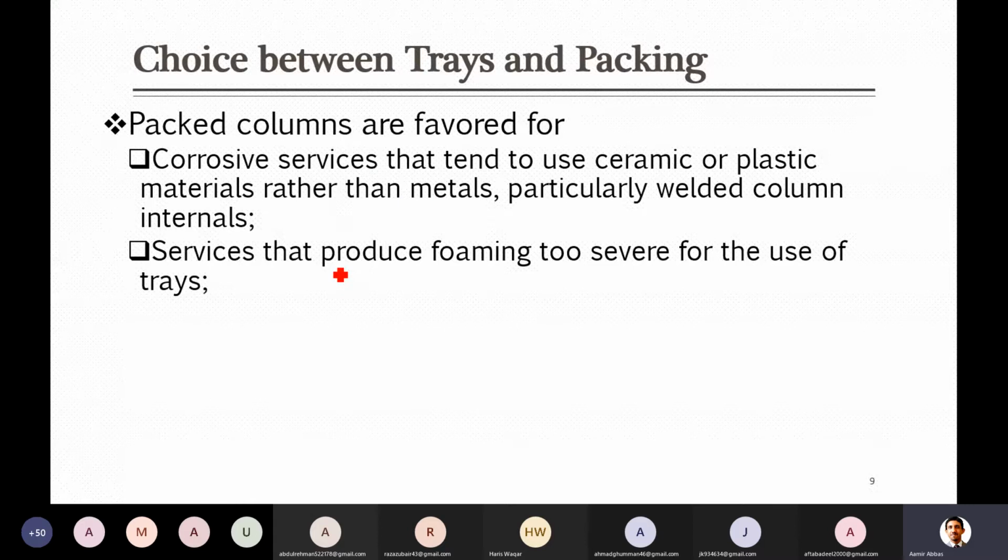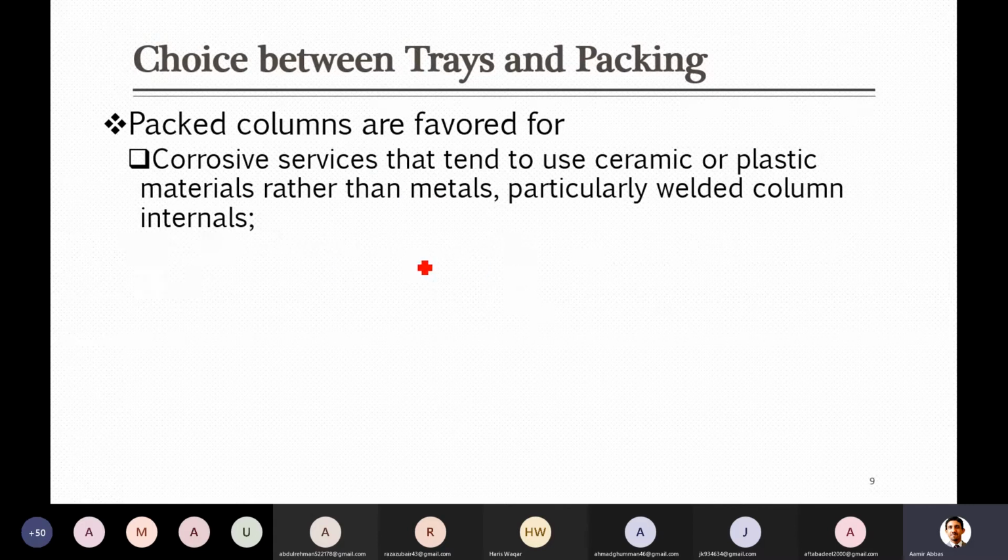Next, services that produce foaming. By the way, I was mainly talking about the use of packing, and inside packing, ceramic or plastic. Can we use a tray tower in this case? Trays are made of which material? They're mostly metals. Definitely, they are metallic.